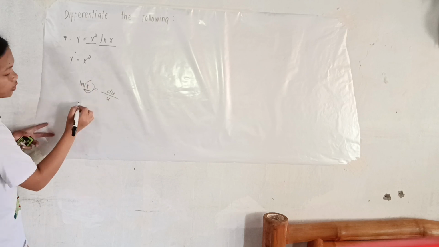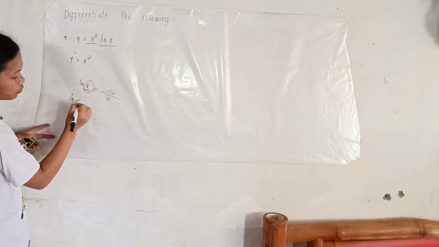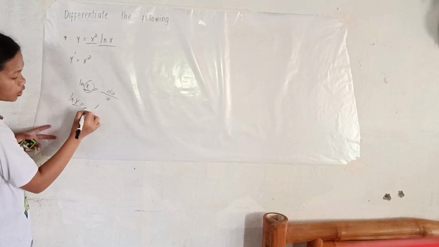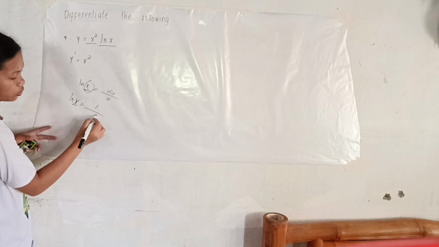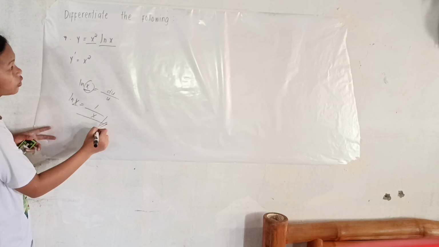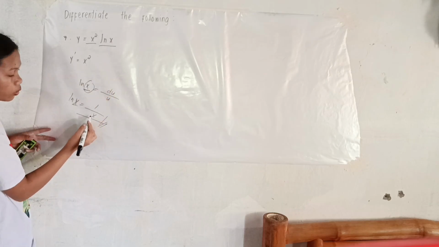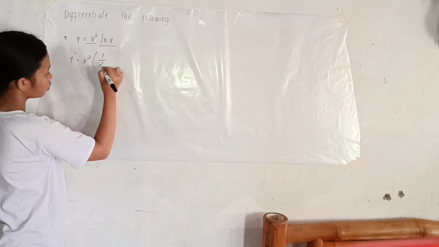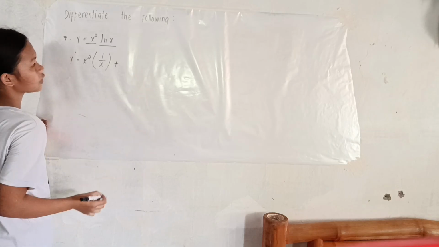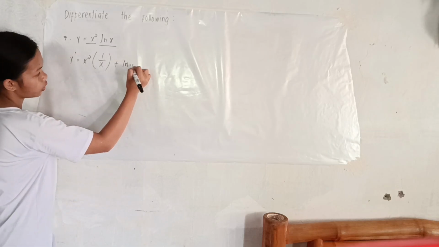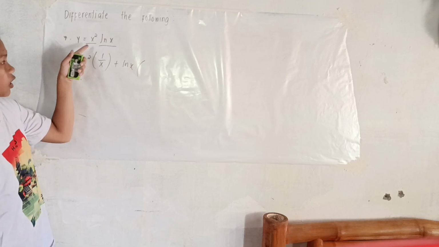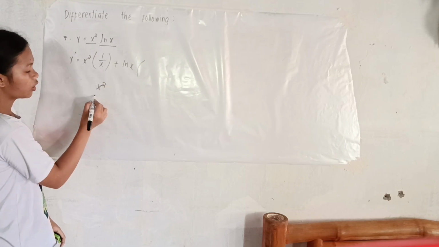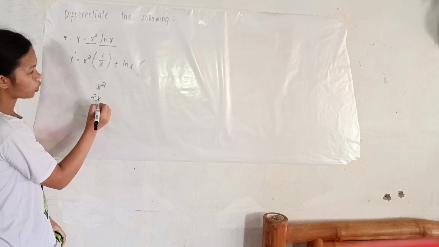So for ln x, the derivative of x is 1, and copy the u, which is x. So the derivative of ln x will become 1 all over x, times 1 all over x, plus copy the second term times the derivative of the first term. Applying the power rule, we have 2x.